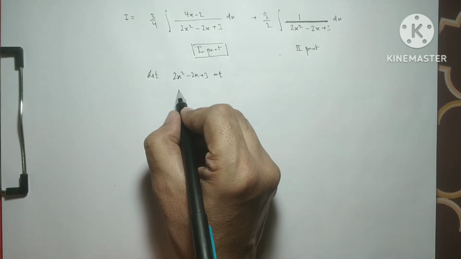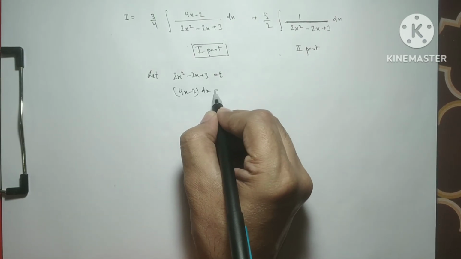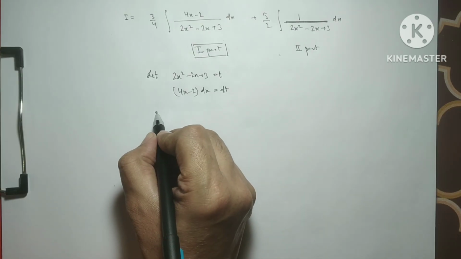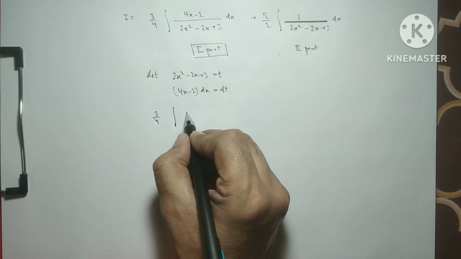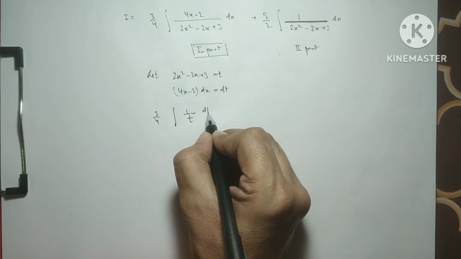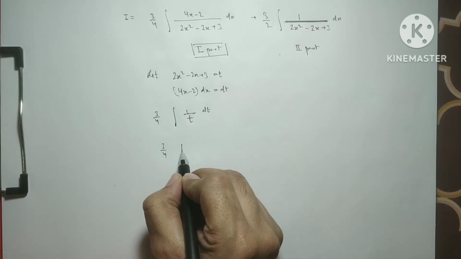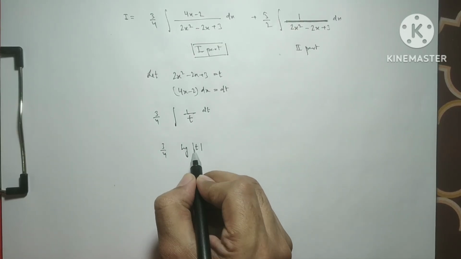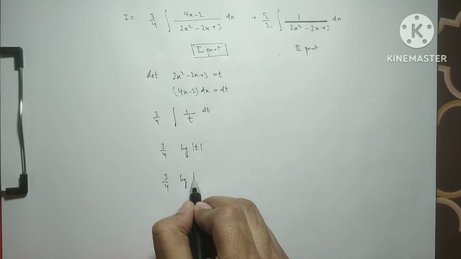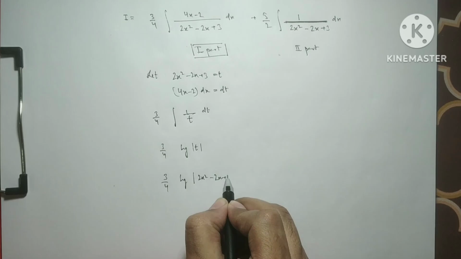So on differentiation we get 4x minus 2 dx equals dt. We put this value as 1 over t, and this is dt. So this becomes 3 by 4 log of t, and we put the value of t. We get log of 2x square minus 2x plus 3.